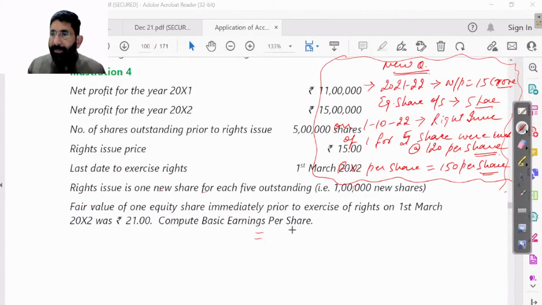It is very simple. Theoretical ex-rate price.